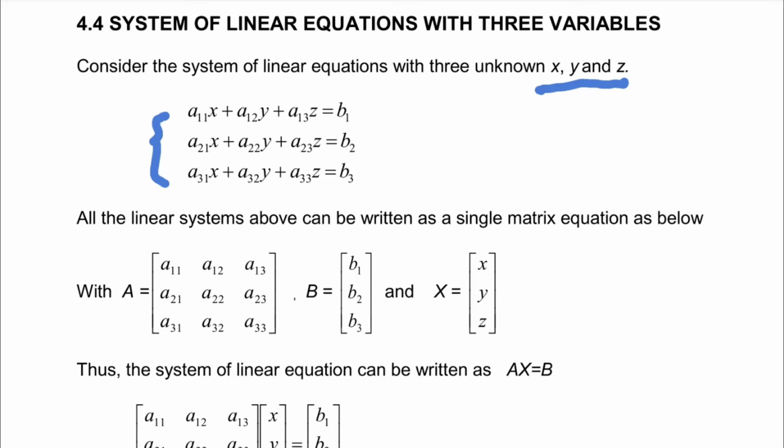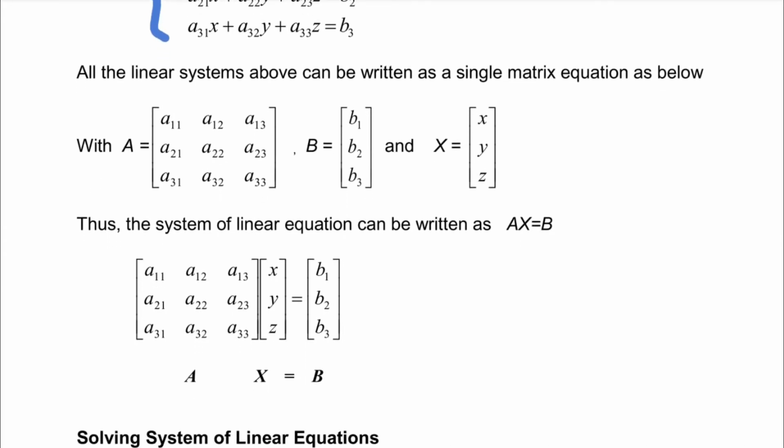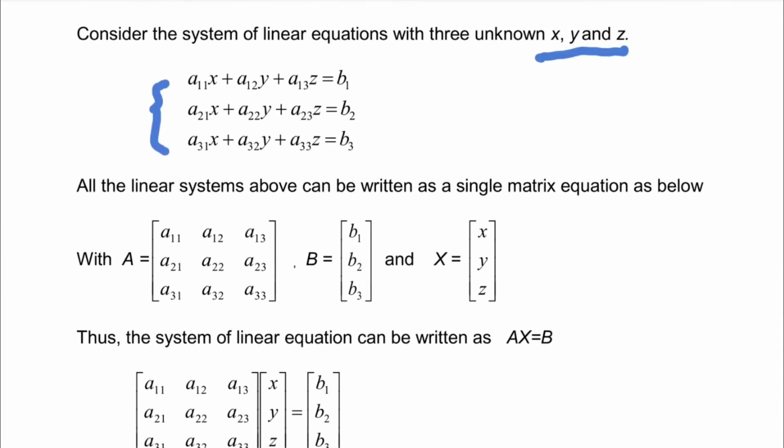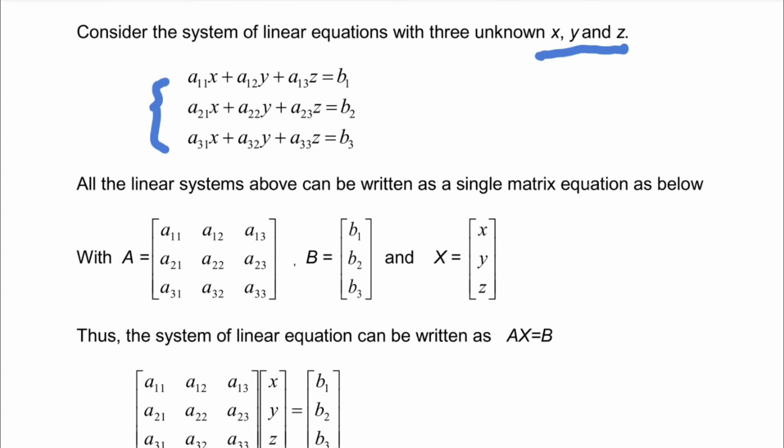And then from here, all the linear systems above can be written as a single matrix equation as below, with A is the matrix itself, B is all the coefficients here, B1, B2 and B3, and capital X is all the three unknowns that you want to find, x, y, z.